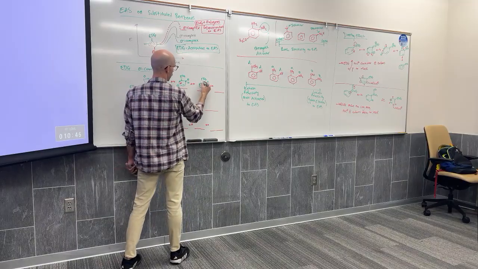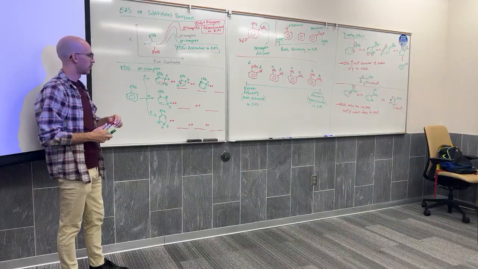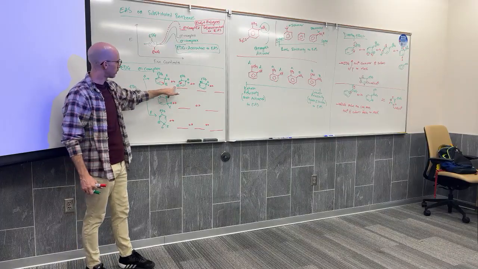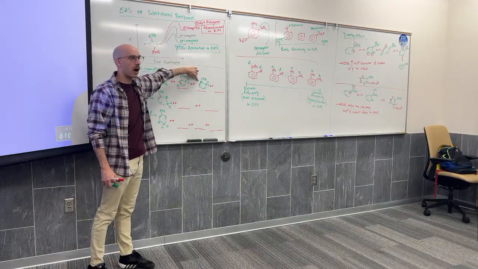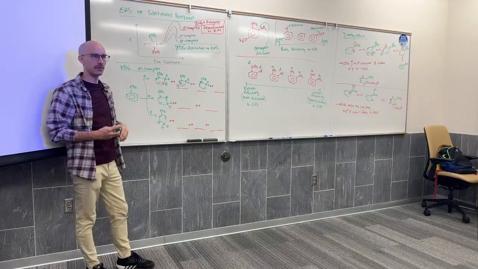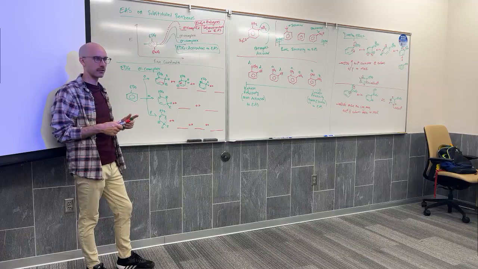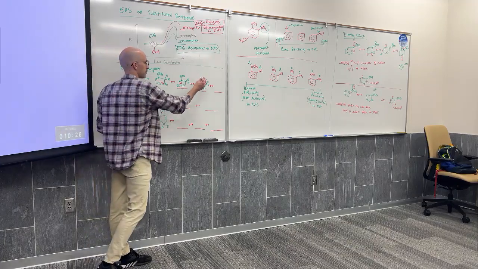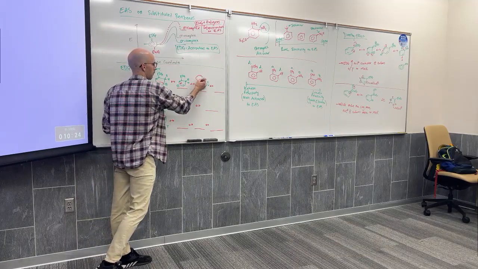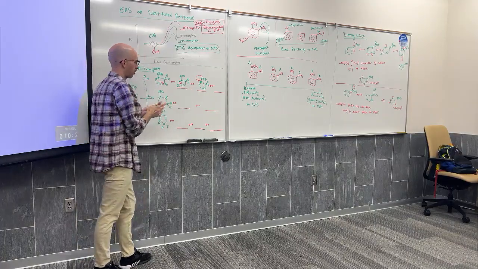Oops, did I do that right? And then what do you know? The positive charge ends up on the carbon bonded to the electron donating group. So what can the electron donating group do? It can share a lone pair with that carbocation.